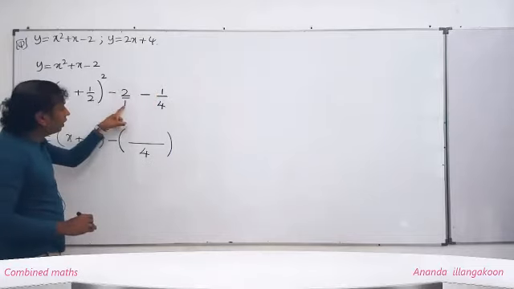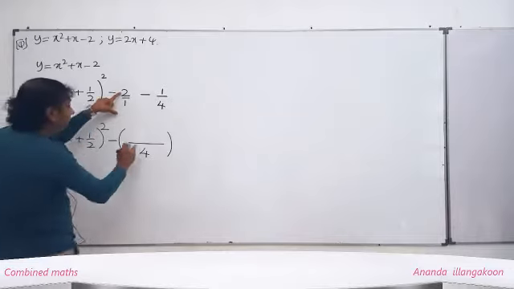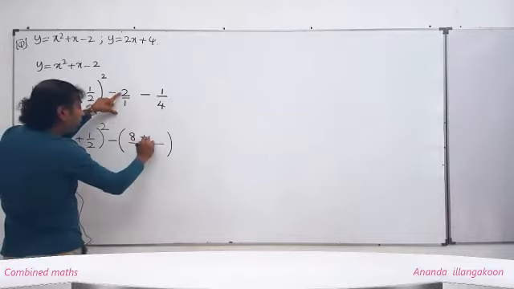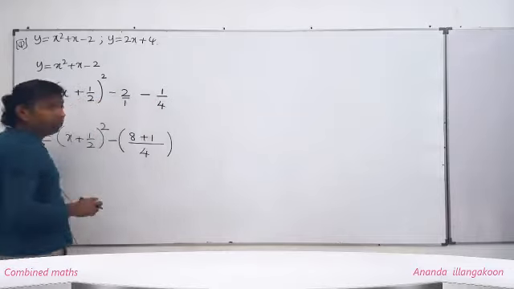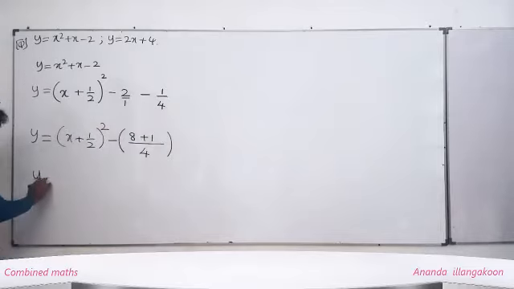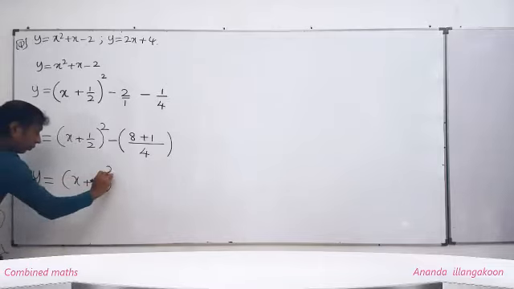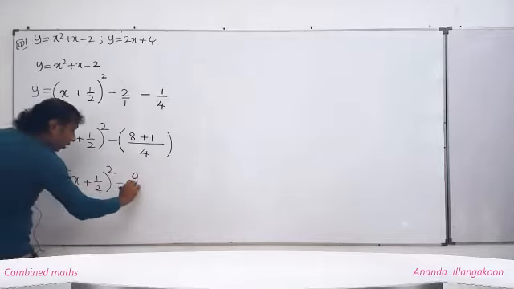Since we take the LCM as 4, this 2 should be multiplied by 4. Then we get 8 there. And here plus 1. This one is the same because the denominator is 4. So then what do you get, people, next? x plus half to the power 2 minus 9 by 4.